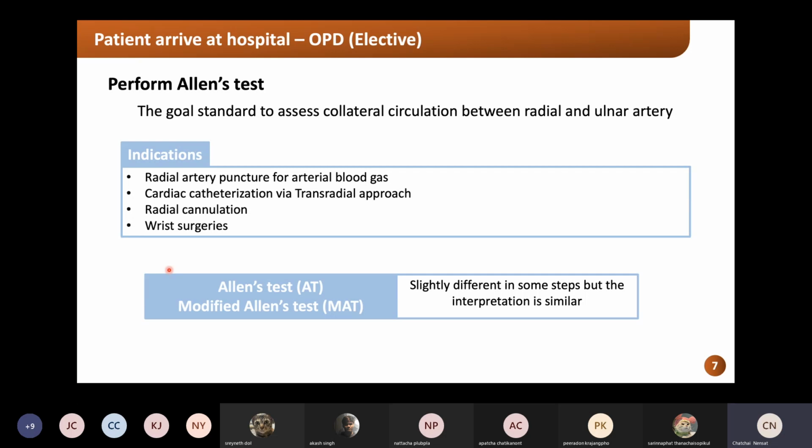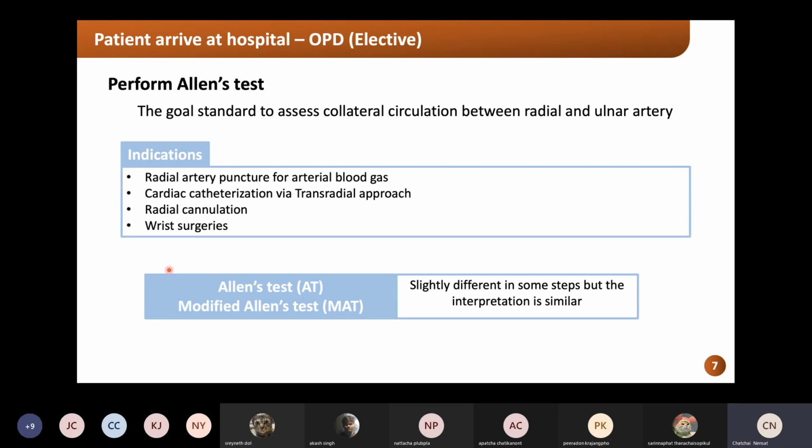And the thing you need to perform on the patient is the Allen test. The Allen test is used to examine the collateral circulation between the radial and ulnar artery.